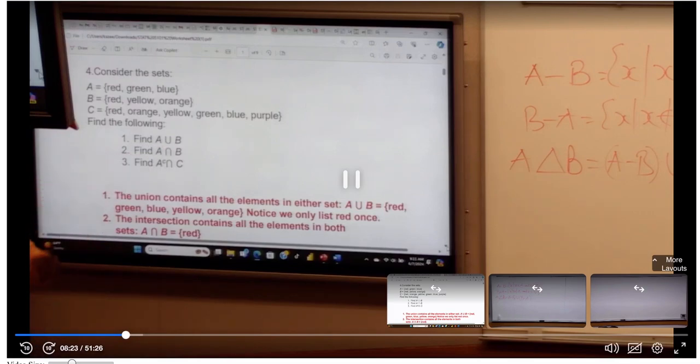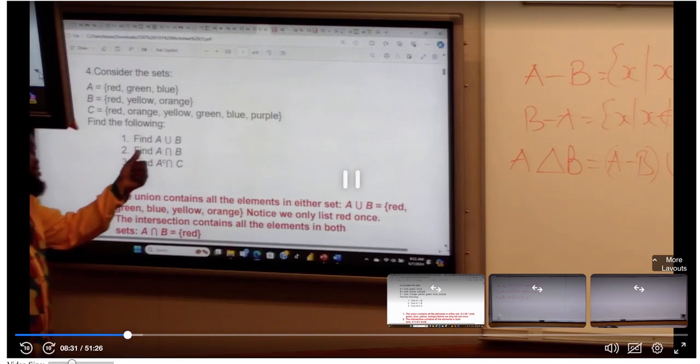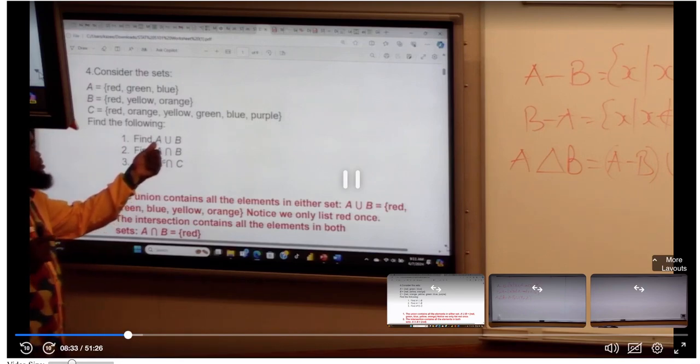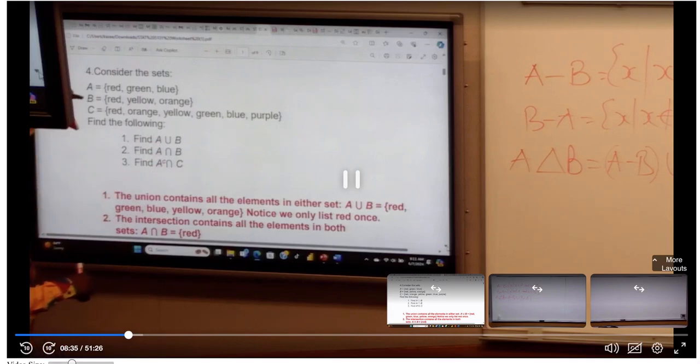It's just the list of all the elements in both A and B without repetition. Do you see A here and B here? I think they have red in common. If I want to do the union, I'm not going to write red twice. It's just going to be once. Does that make sense?